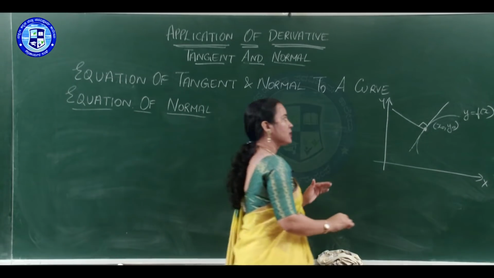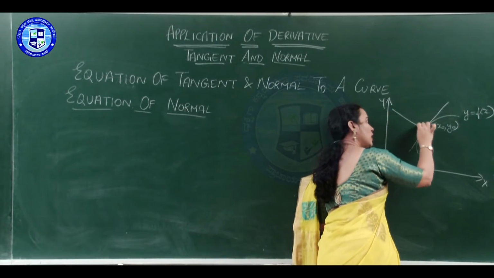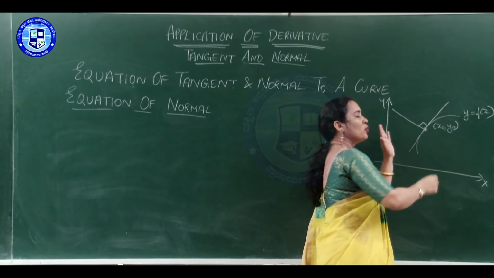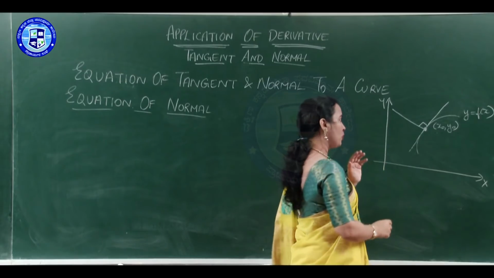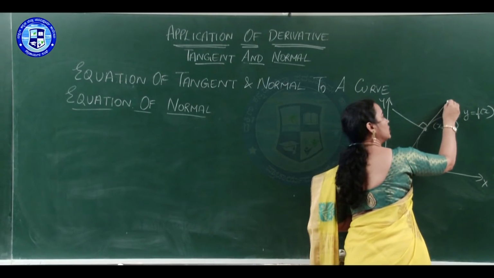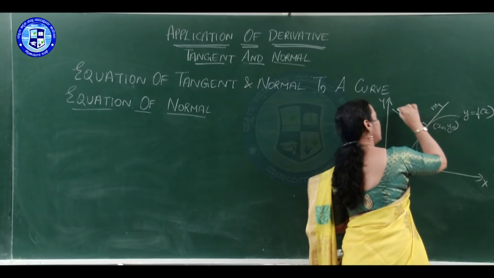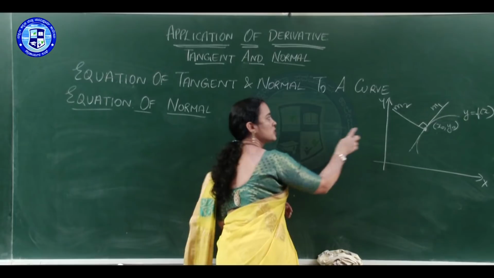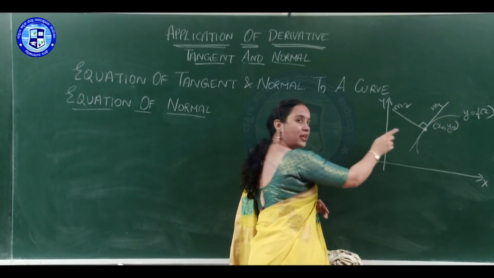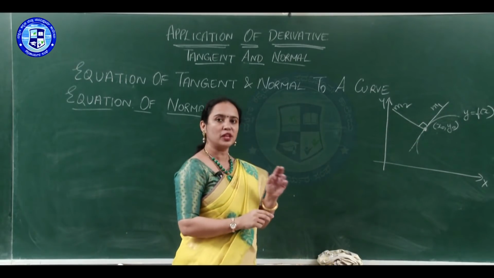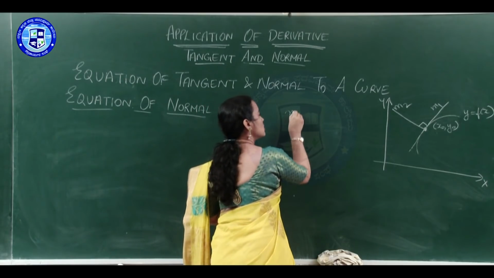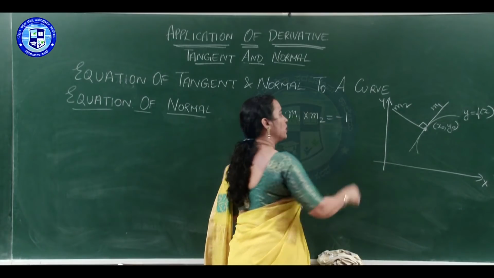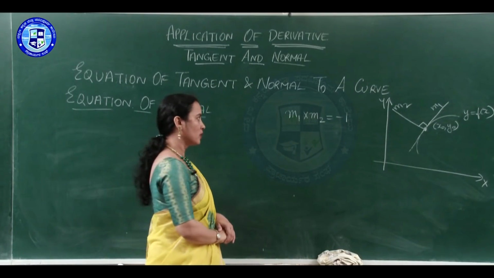So what do you mean by this? The normal is also a line which passes through the point x naught, y naught, and has a slope. Now suppose I take the slope of the tangent as m1 and the slope of the normal as m2, then what do you get from this? We know that if two lines are perpendicular, then the product of the slopes is minus 1. So let's apply that: m1 into m2 is equal to minus 1.